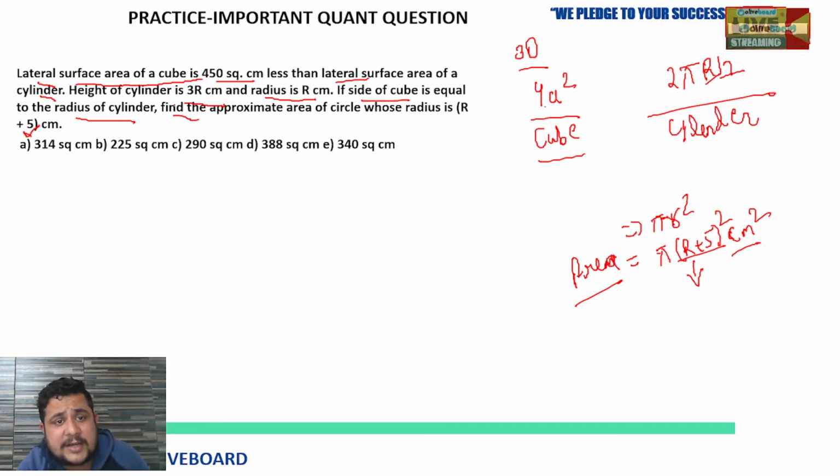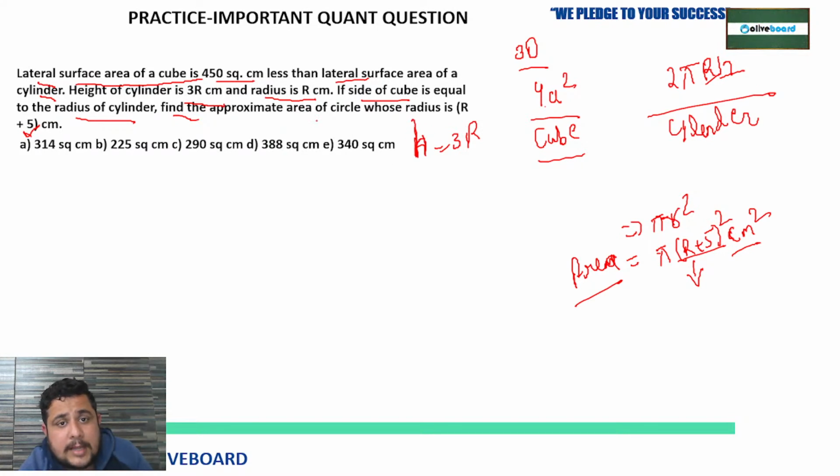So what is the relation? The lateral surface area of a cube is 450 square centimeter less than the lateral surface area of a cylinder. Height of cylinder is 3r centimeter. So the value of h is also given, that is 3r.